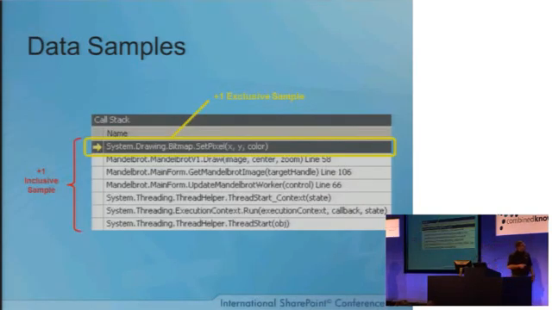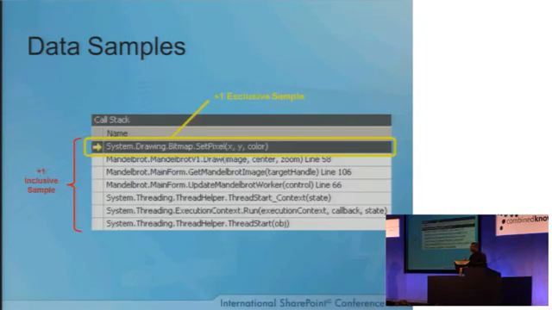Every time they wake up and snap this call stack, they add to the inclusive sample, incrementing it by 1 for each one of these frames. This is a stack and each one of these is a frame. The one at the very top is not only going to get an inclusive sample of +1, it's also going to get an exclusive sample of +1. So when you look at this, you can say, look, things with very high exclusive samples are always at the top of the stack.